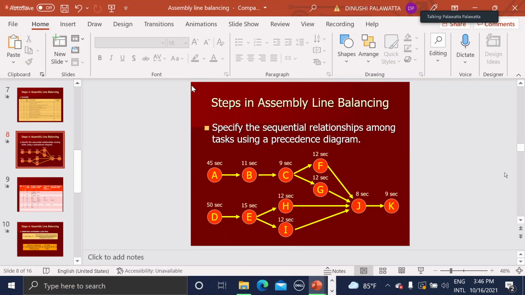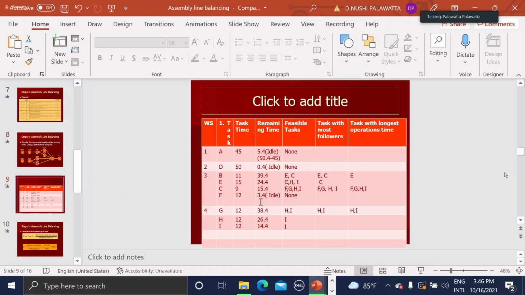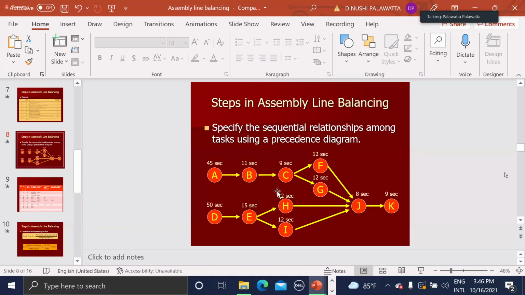So that's how we decide the number of followers. And idle or not, we decide by whether, if here 3.4, there are no tasks among the feasible tasks within the 3.4 time, so therefore that time has to go to idle.